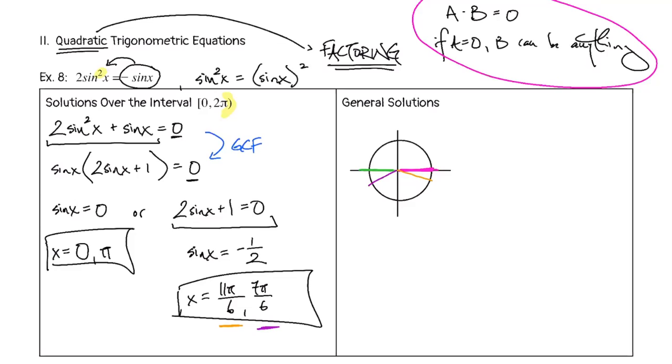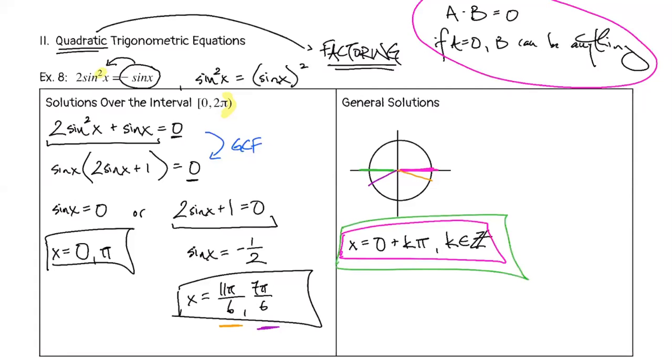So x can equal 0 plus k pi, where k is an integer. This one is the pink solution and the green solution together in one. Okay, because now I'm just stopping every half rotation.